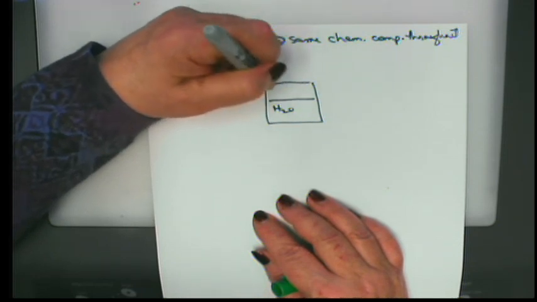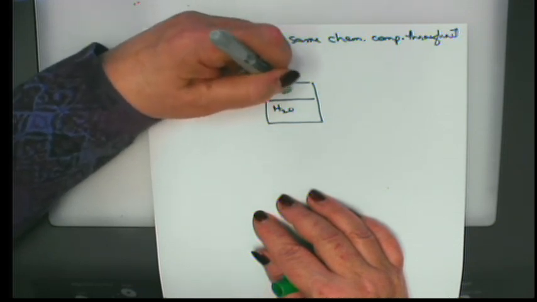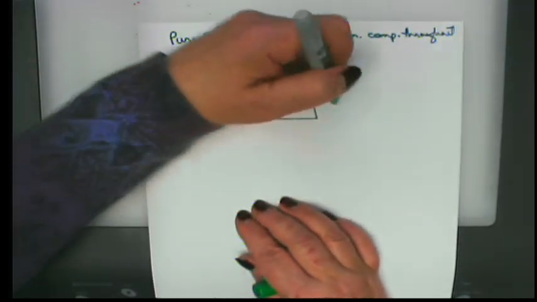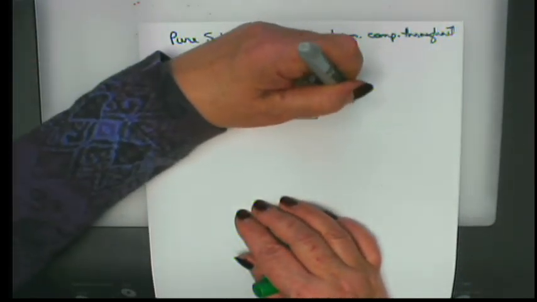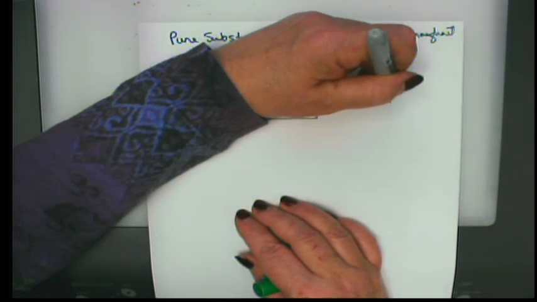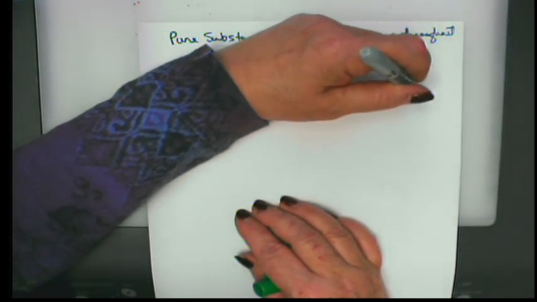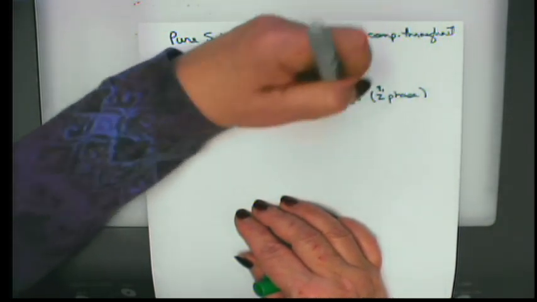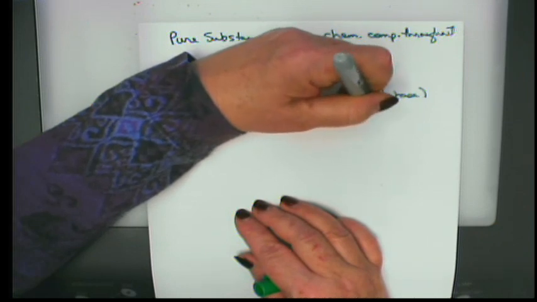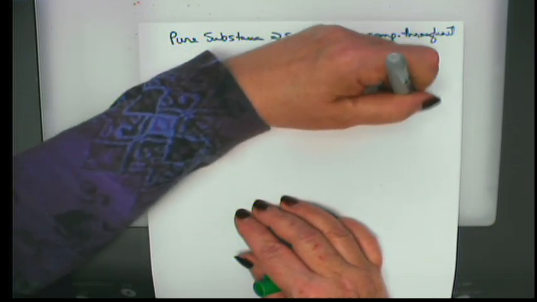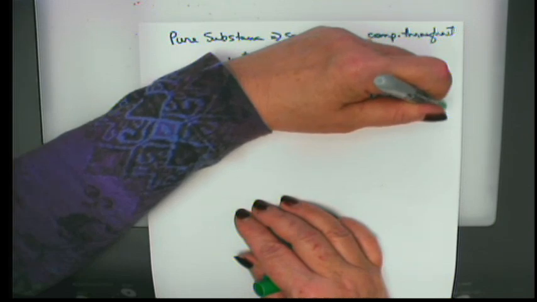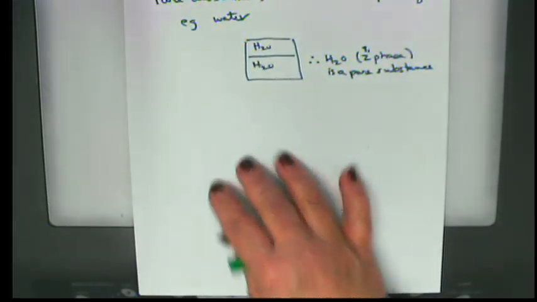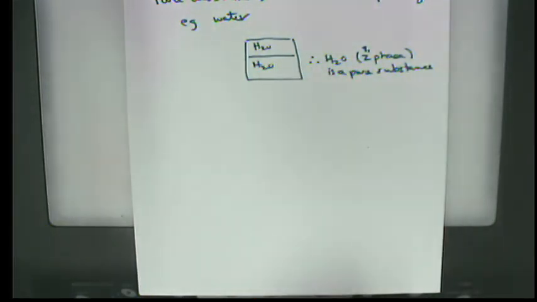If you have gaseous water, it's also H2O. And therefore water, even if it's in two phases or three phases, the same thing works for ice, is a pure substance.